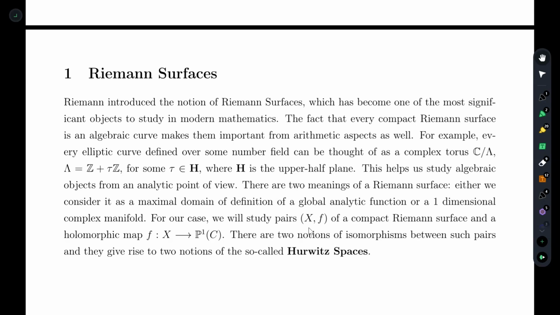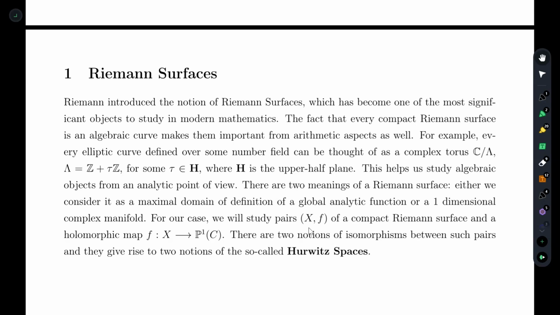But in modern times, we like to think about Riemann surfaces as complex manifolds of dimension 1. Some examples are complex tori, C modulo some lattice of the form Z plus tau Z, where tau is in the upper half plane. In fact, it can be proved that every elliptic curve is isomorphic to some complex torus of this form.